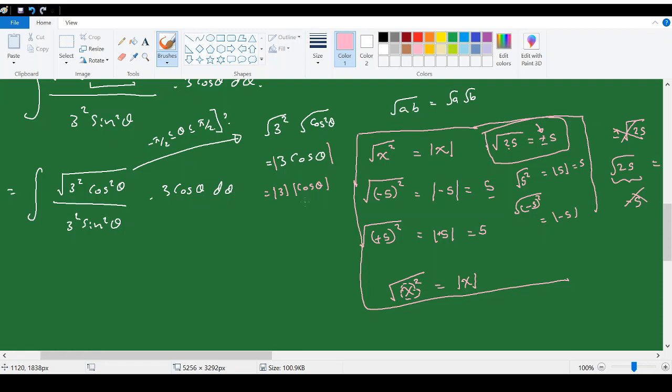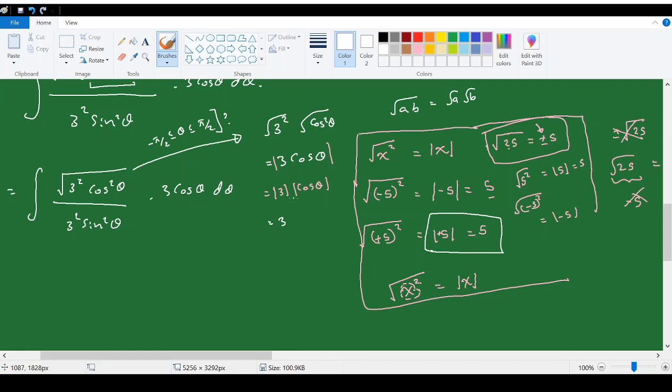How are we going to get rid of these modulus signs? When it comes to the modulus of 3, you can directly write it as 3, because that's how the modulus works. The modulus of 3 is just 3, and in this step we also use that kind of fact.